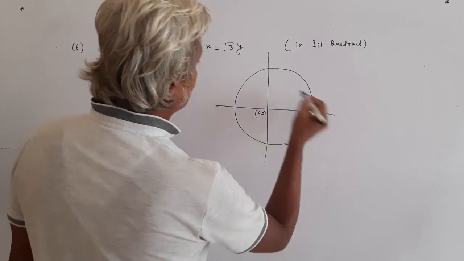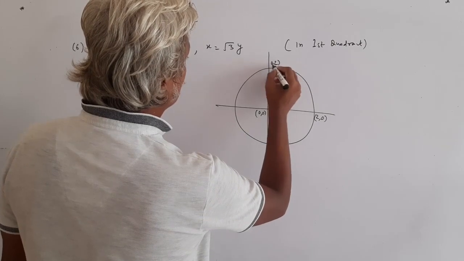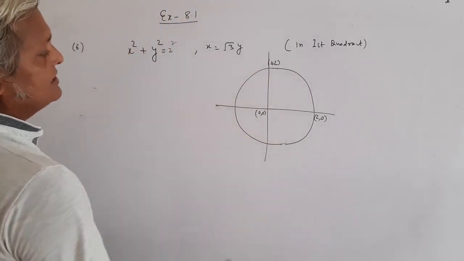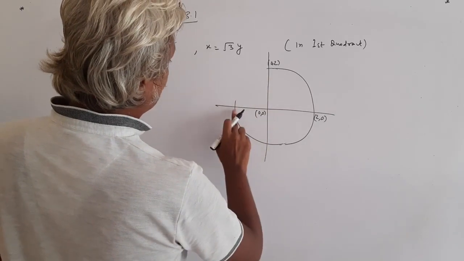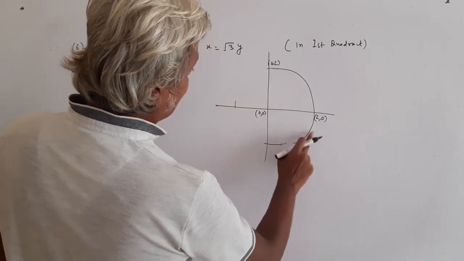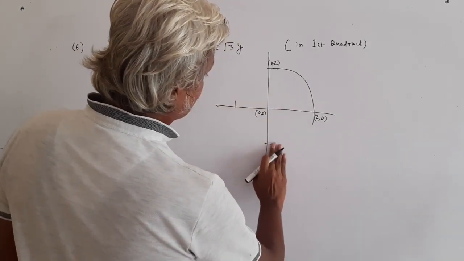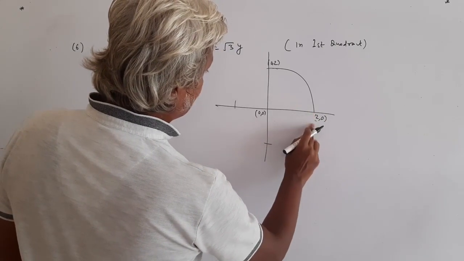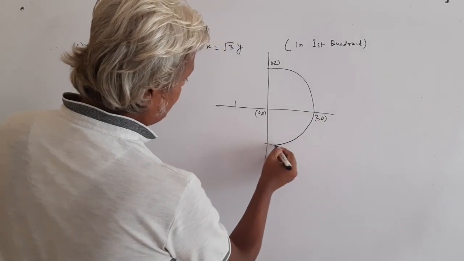This point will be 2 0, this is 0 2, this is 0 minus 2. It's not looking very perfect, but it's fine as long as it helps to solve the question.